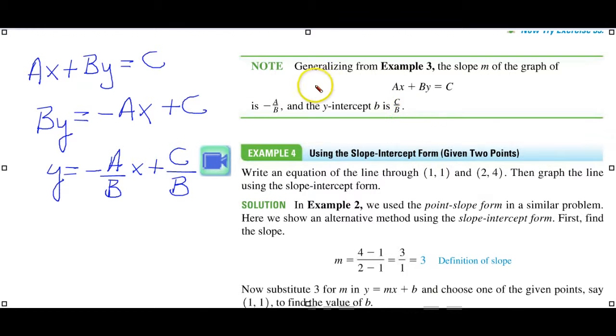Now, what we're saying here is that we can generalize from example 3 that if this is your standard form of the equation in two variables, linear equation, we can solve for this y by transposing the ax to the other side, changes its sign, and then dividing everything by b.